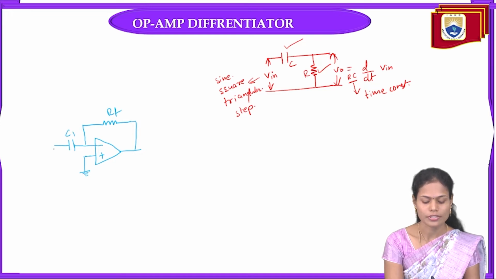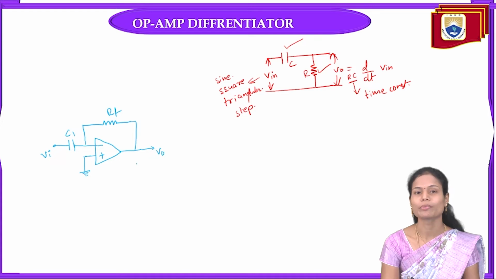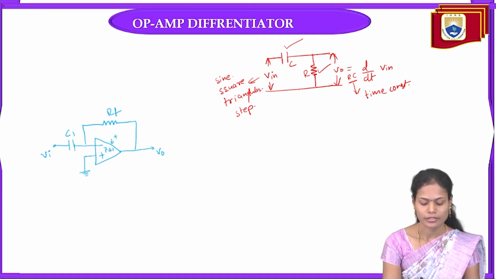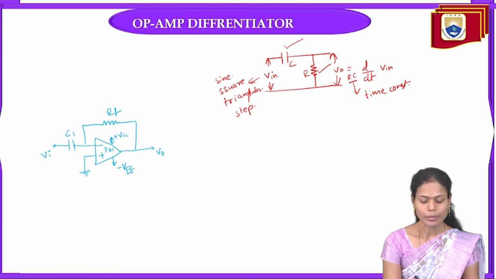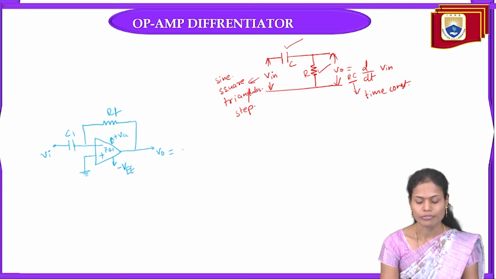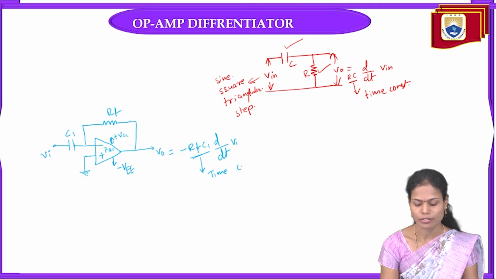This is C1, this is RF, and here I apply my input signal and measure my output signal. To run the 741 operational amplifier, I need to apply plus VCC and minus VEE supply voltages. In this case also we get the output as minus RF C1 times the differential of the VI signal, where RF C1 indicates the time constant of the circuit.